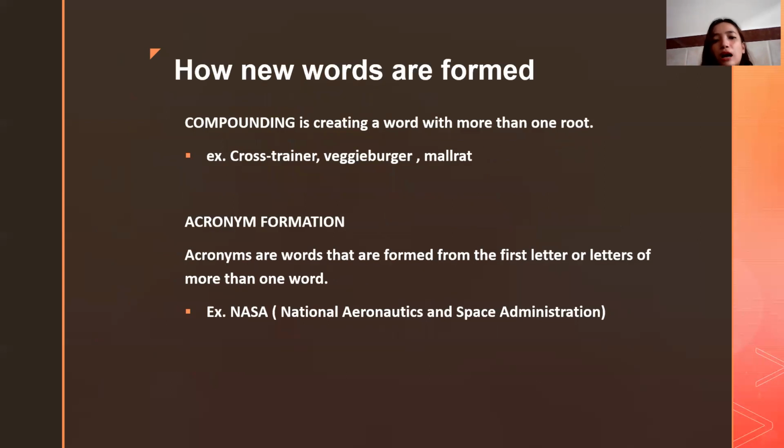So how are new words formed? Compounding is creating a word with more than one root. Example: cross-trainer, veggie burger, and mallet.